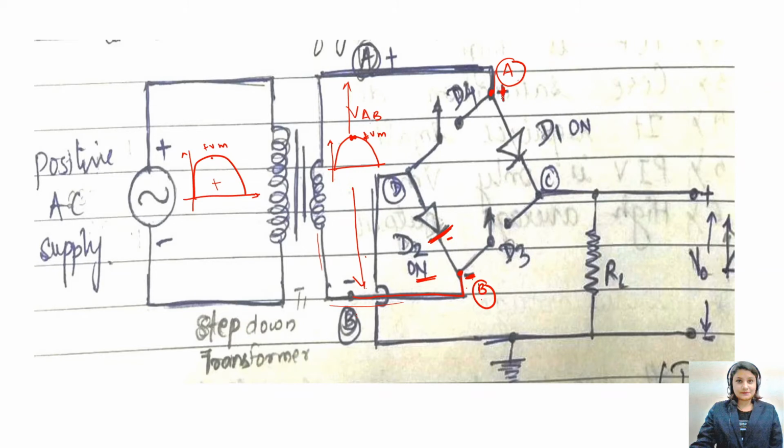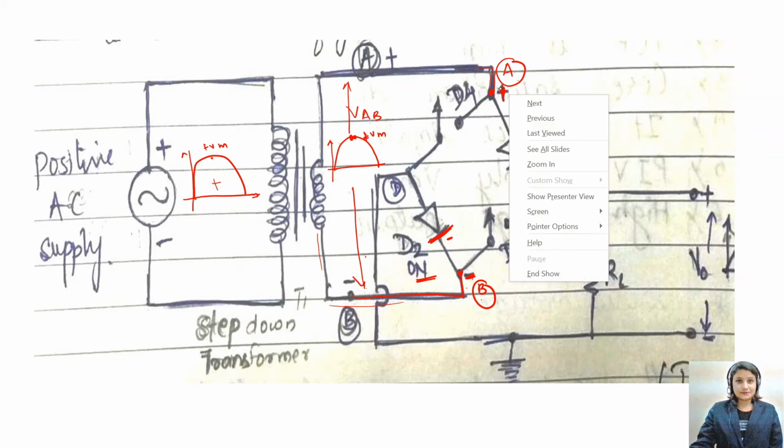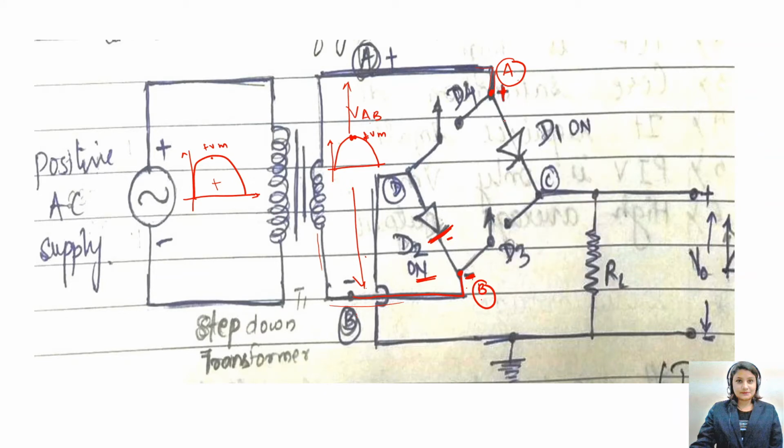Let us see the case from the upper side. The point A becomes positive, and this A point is connected with the positive terminal of the D1 diode. So the positive terminal of the diode is connected to the positive potential, and that is why your D1 is on. It becomes forward bias.